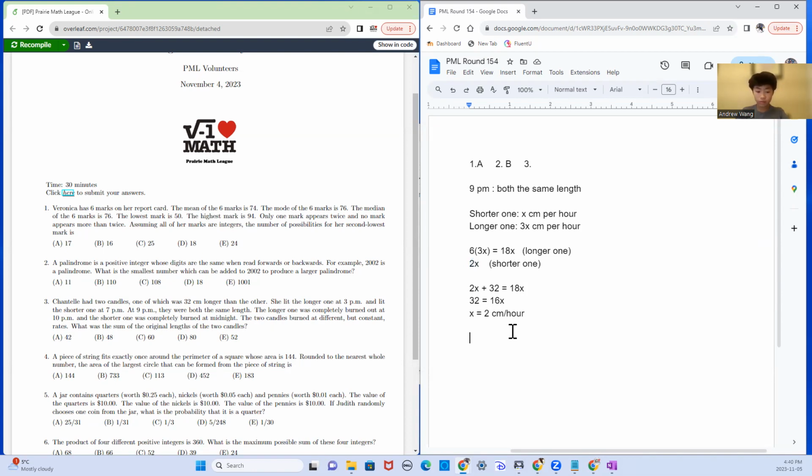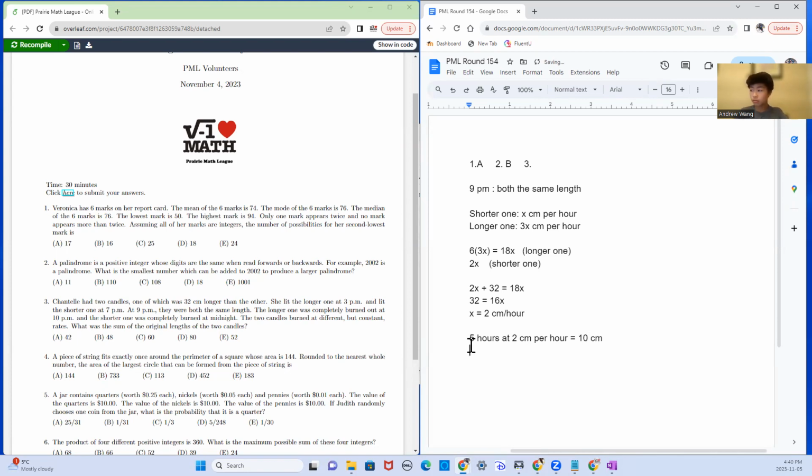So it burned 5 hours at 2 centimeters per hour, so it burned 10 centimeters.